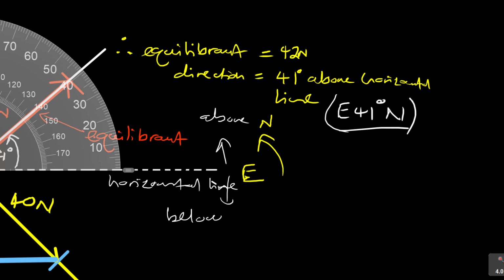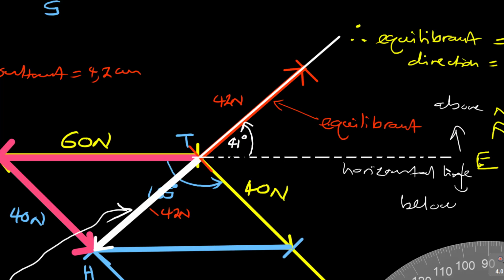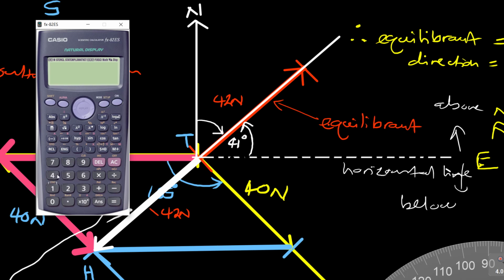This is another option. What if I have a straight line like my north? You don't have to be accurate as such. Say this was your north here. You need to ask yourself, what is this angle?